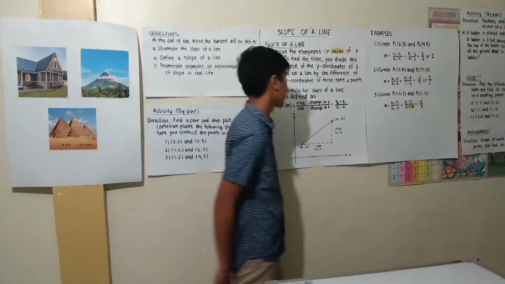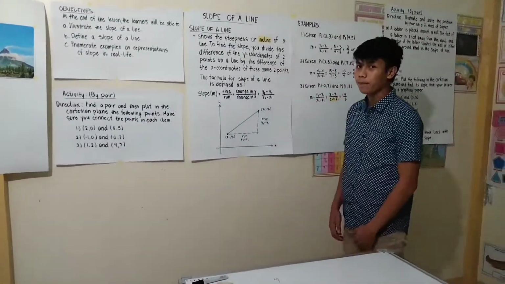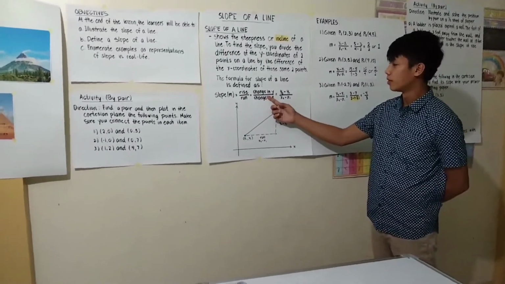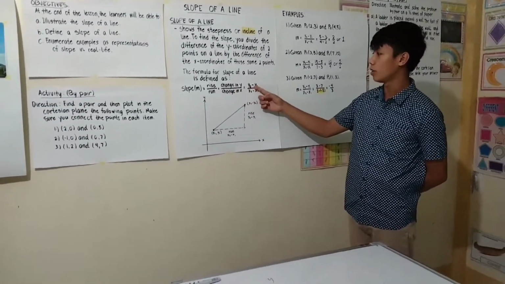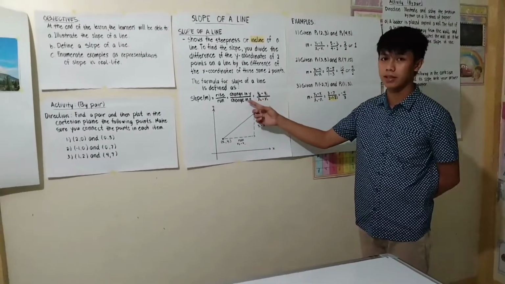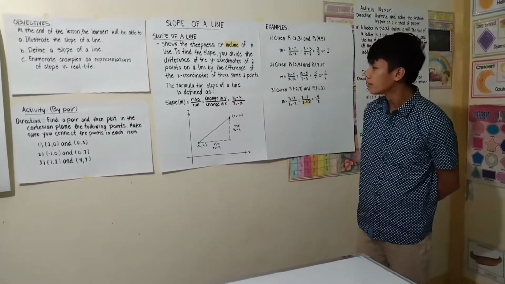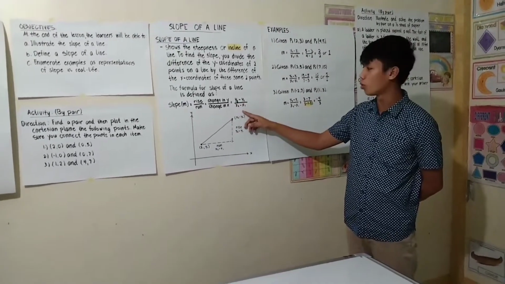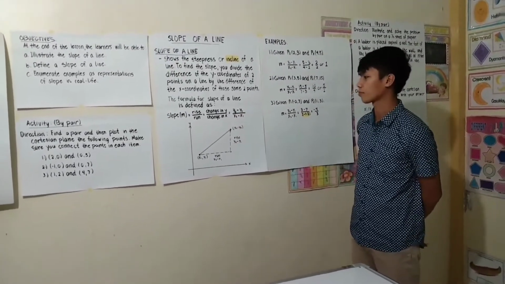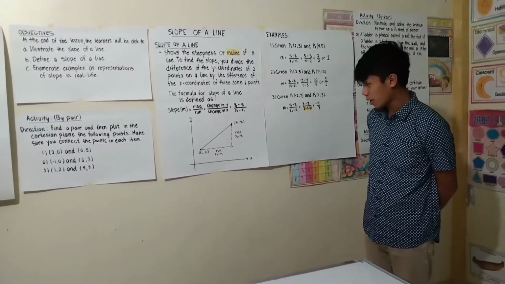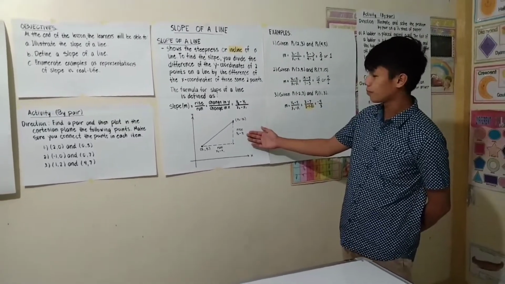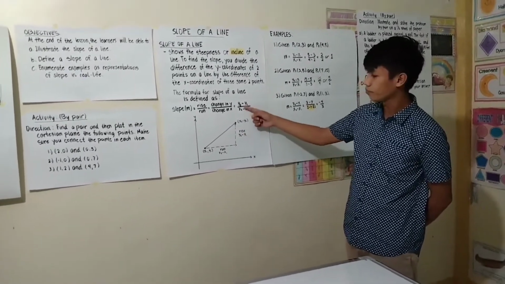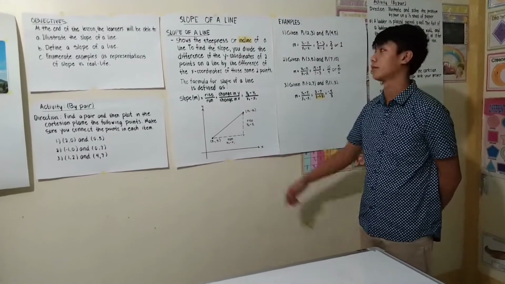Now, change in y. How can we get this? y sub 2 minus y sub 1. That is our change in y. Second, change in x is the same as x sub 2 minus x sub 1. Now, as you can see in the illustration, this is the rise, and this is our run.